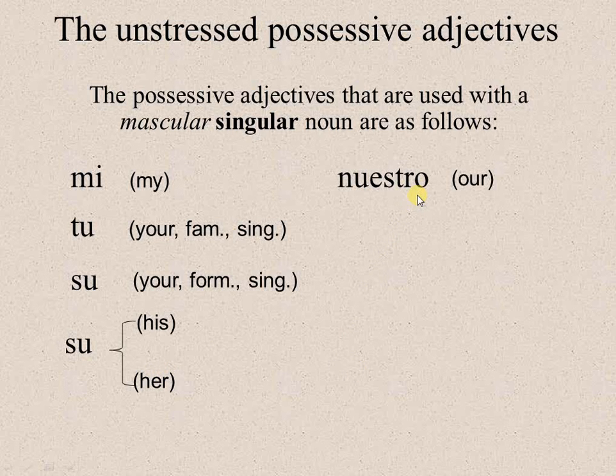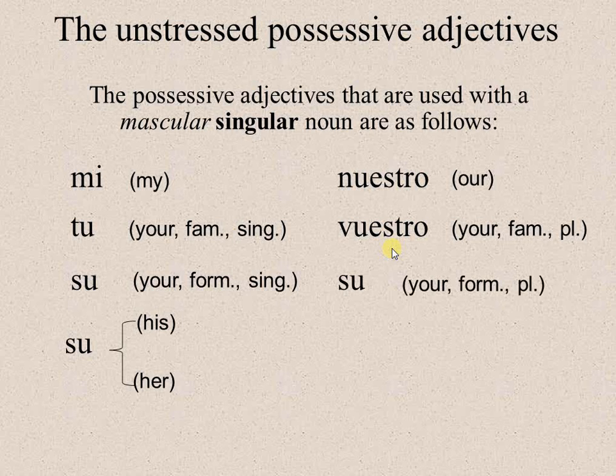Nuestro means our in the masculine way, okay? Vuestro, we are not going to deal with it, but in Spain, also means your. And su, another su, that means your, but now in the plural form, okay? Like something that belongs to you guys. You're going to use su.